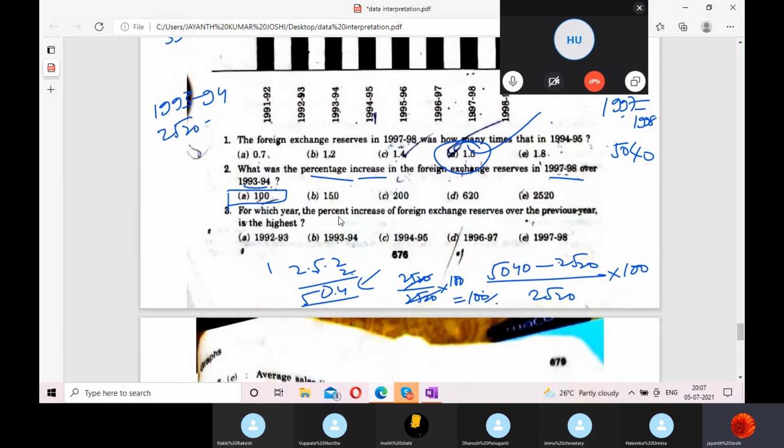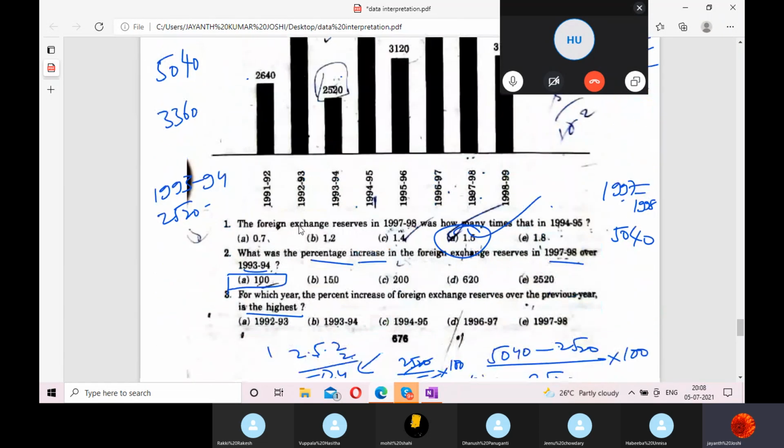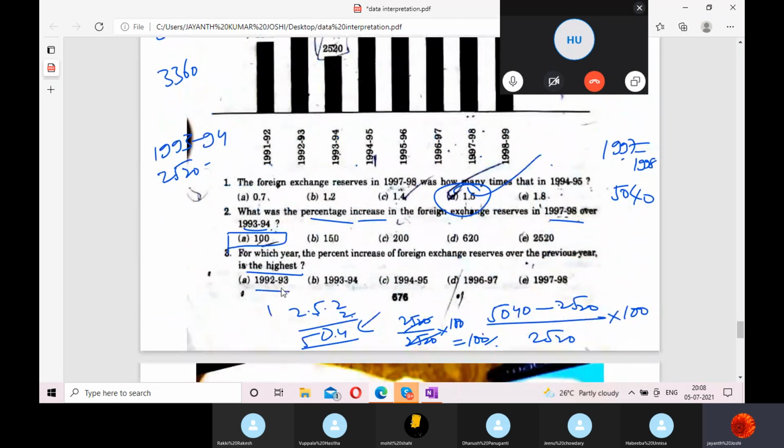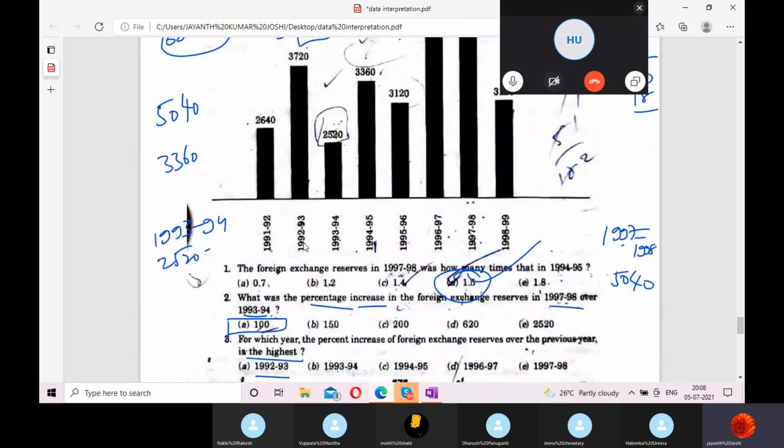For which year is the percent increase of foreign exchange reserves over the previous year highest? This you can see from the graph only. It is very easy to understand. So 91-92 and 92-93.